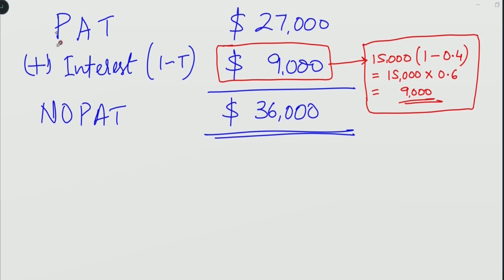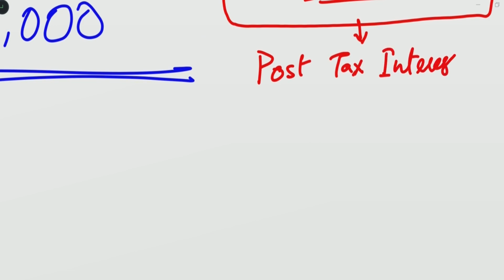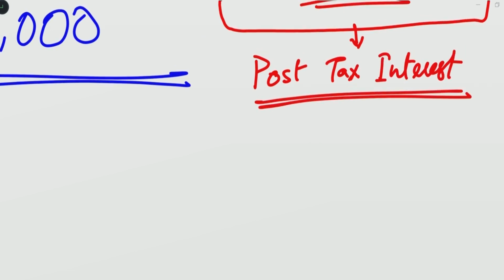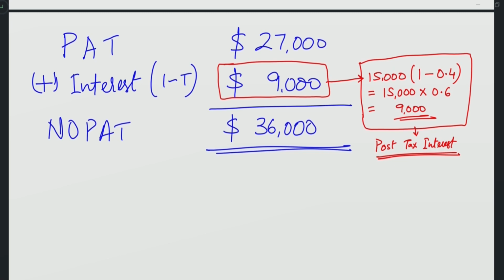You start with the amount of profit after tax, you add back post-tax interest. Let me write that also for your reference. This is called post-tax interest.